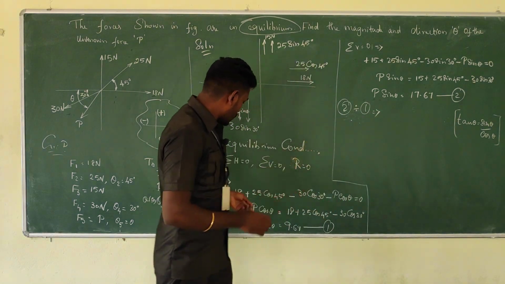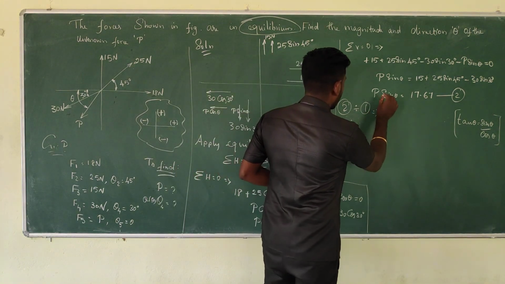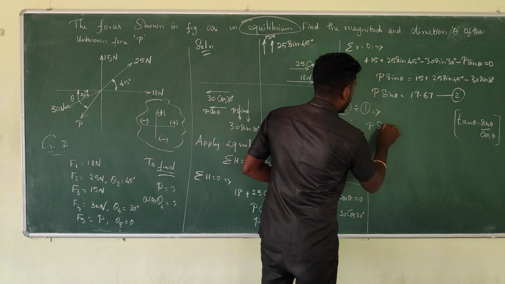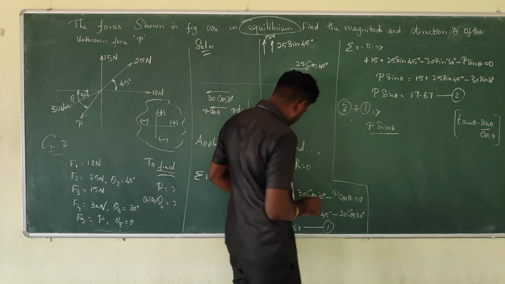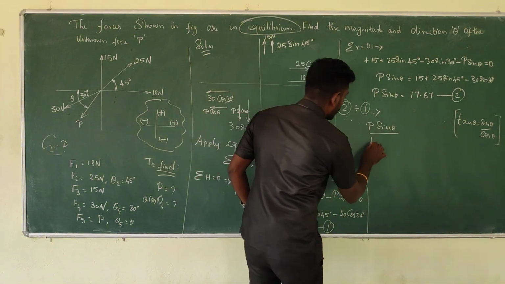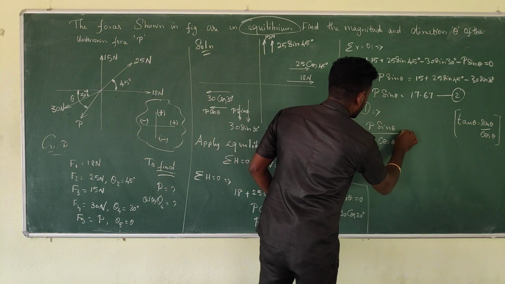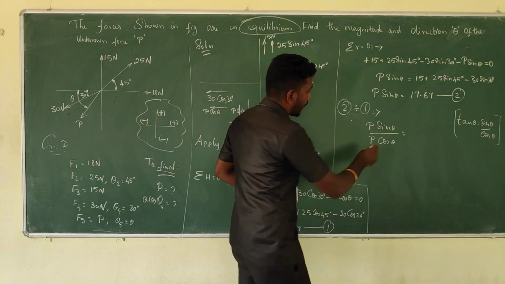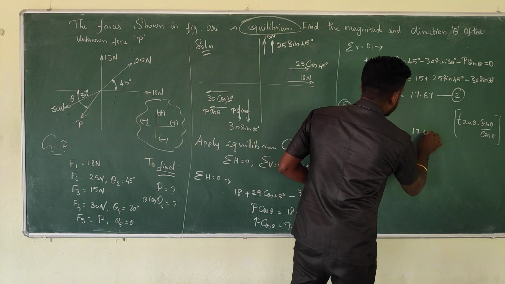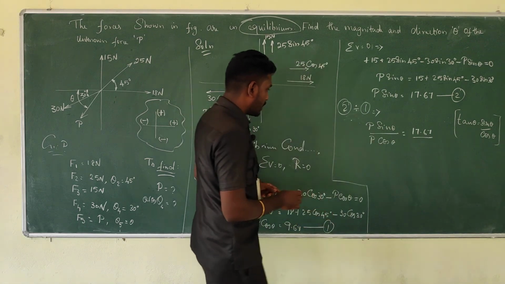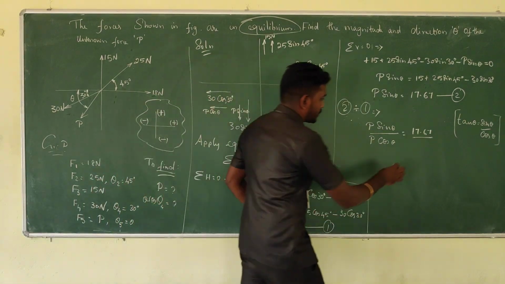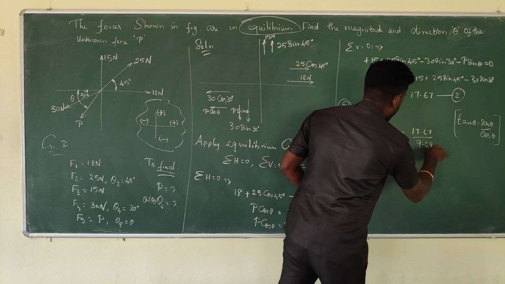What is happening? Equation number 2, P sine theta divided by P cos theta is equal to 17.67 divided by 9.69.